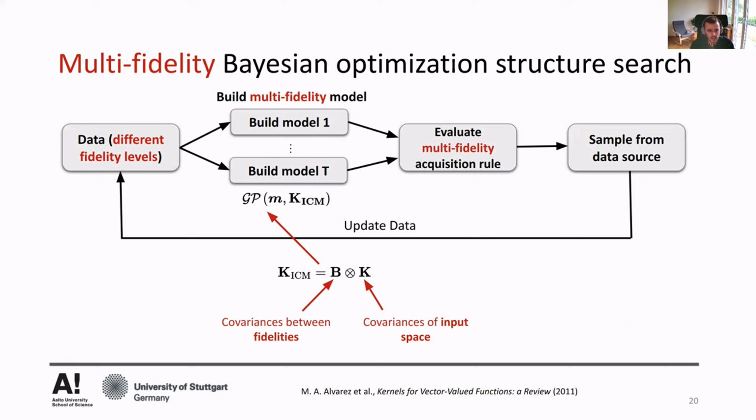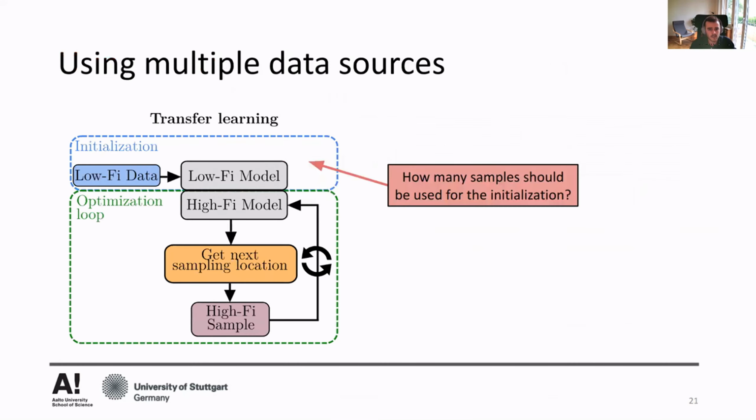The correlation strength between these fidelity levels is then encoded into this covariance matrix B, which describes the covariances between the output spaces. And this K is then again the covariance matrix for the input space, similar to the single fidelity scenario.